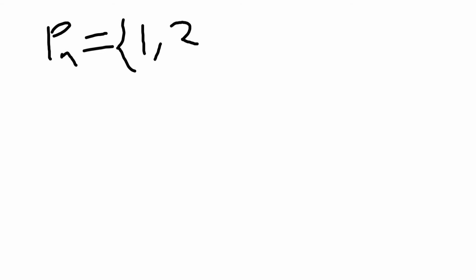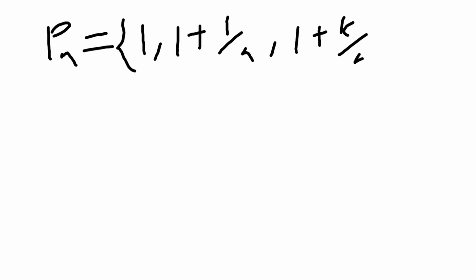Now let us try to find the partition. Pn is equal to 1, 1 plus 1 over n, up to 1 plus k over n, then up to 2.